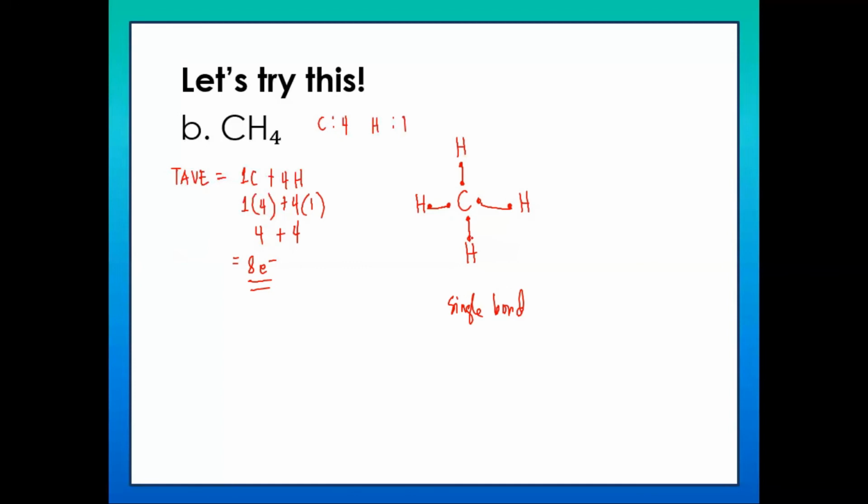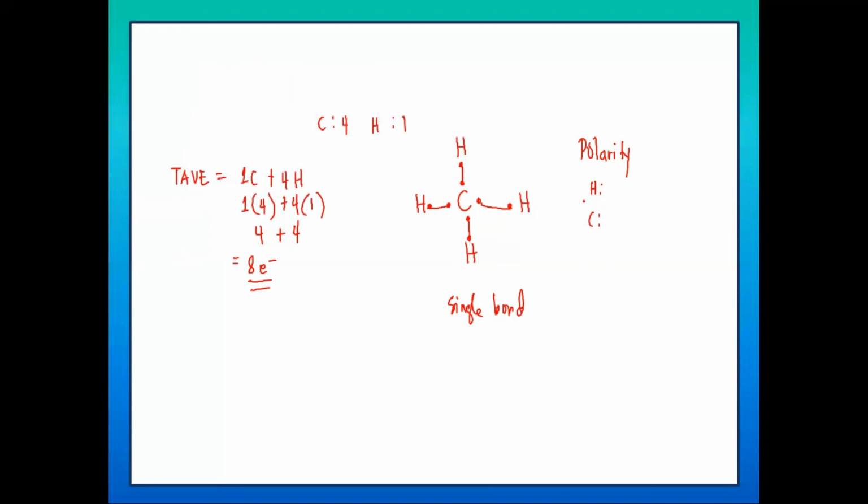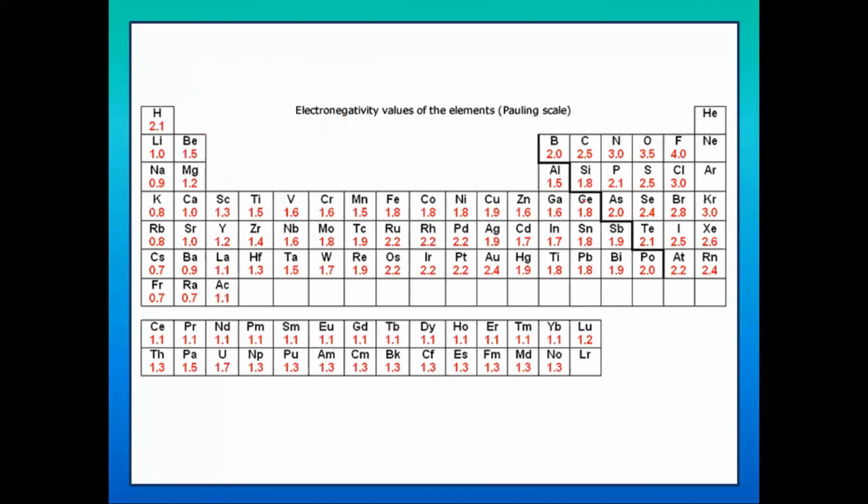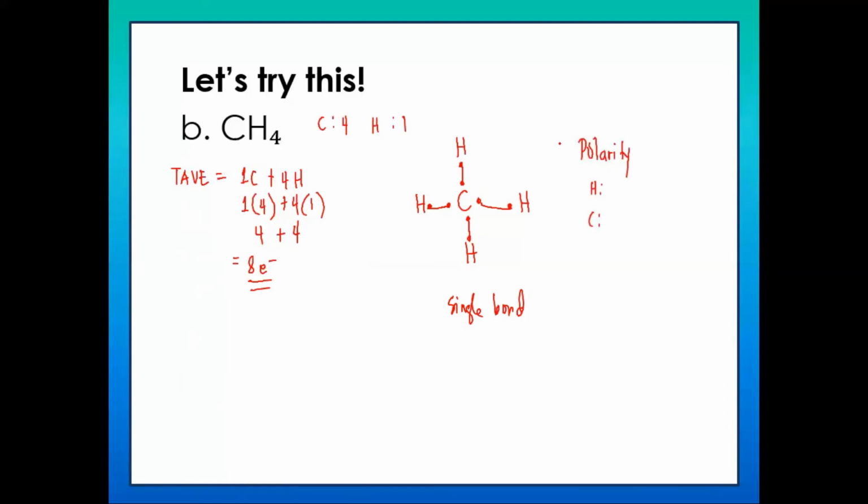Yun naman yung rule. So for polarity, we have to get the electronegativity value of the elements involved. You again go by using this electronegativity value. So for hydrogen 2.1, for carbon 2.5, subtract lang natin, 2.5 minus 2.1.